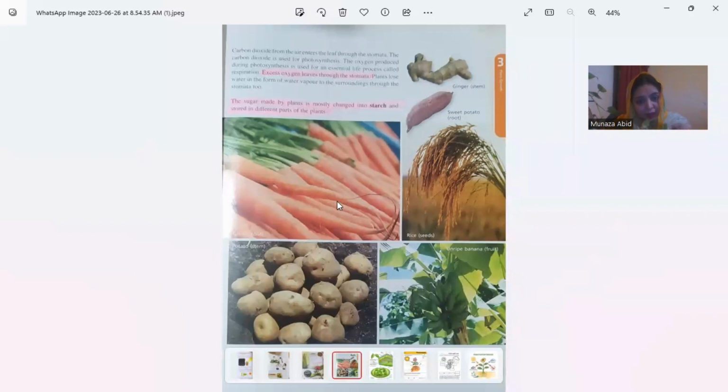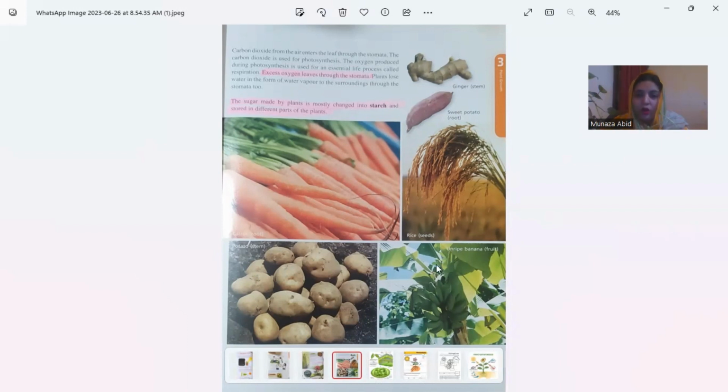These carrots that we eat are actually the excess starch made by photosynthesis and are stored in roots. The excess starch of the potato plant is stored in stem. The excess starch of the banana plant is stored in bananas.